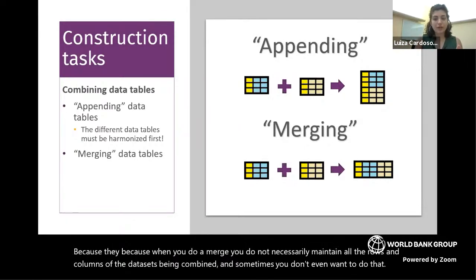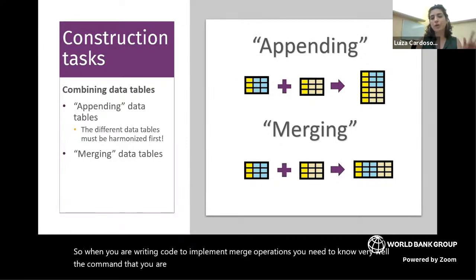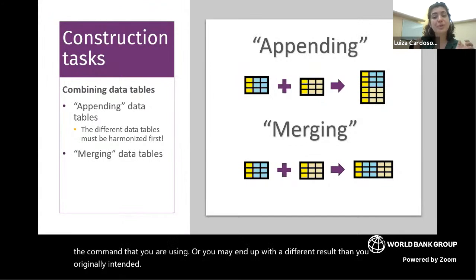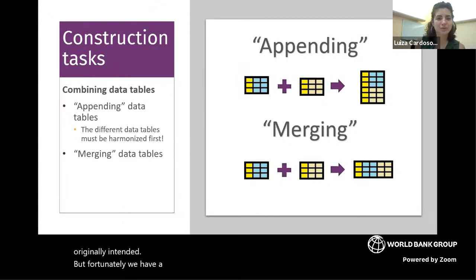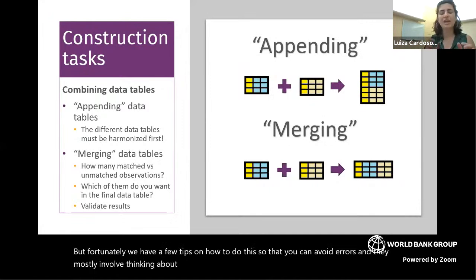So when you are writing code to implement merge operations, you need to know very well the command that you are using, or you may end up with a different result than you originally intended. But fortunately, we have a few tips on how to do this so that you can avoid errors. And they mostly involve thinking about what you want to do in advance.